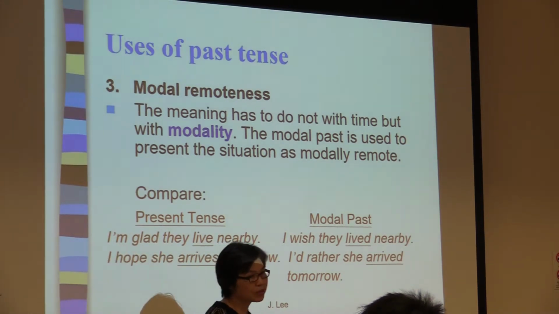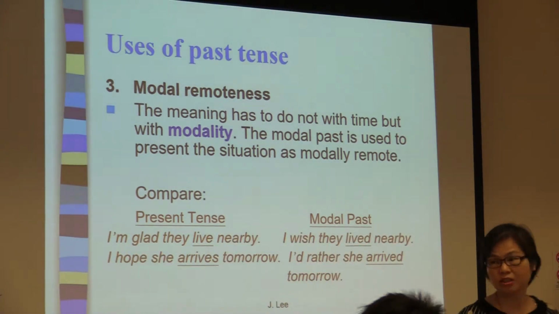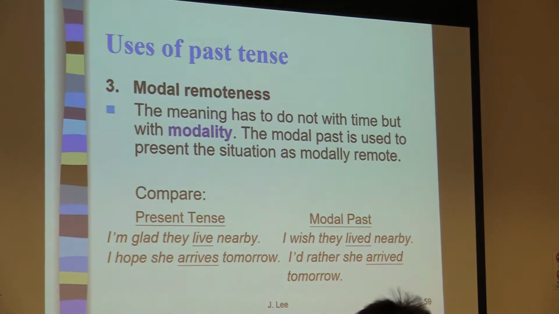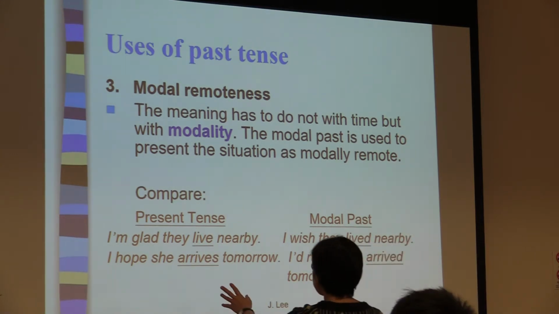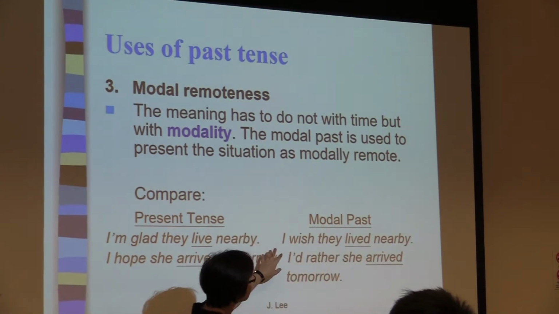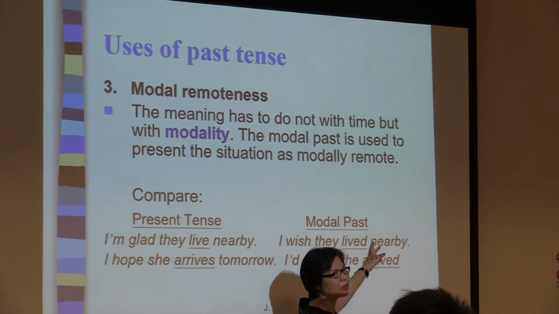All right, the third use is about remoteness, about modality. The meaning has to do not with time, but with modality. The modal past is used to present the situation as remote, modally remote. So these are some common mistakes made by students. They say, I wish they will live nearby.